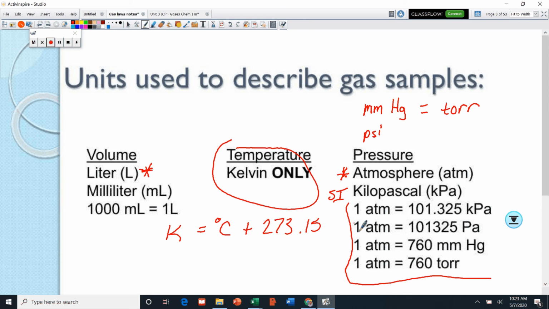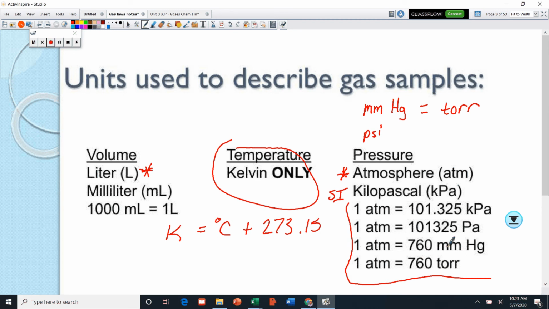So you see this conversion right here: 1 atmosphere is 101,325 pascals. Those are the same, it's just a difference between a kilopascal versus a pascal. All right. Then another conversion is 1 atmosphere is 760 millimeters mercury. 1 atmosphere is 760 torr. So 1 torr equals 1 millimeter mercury.